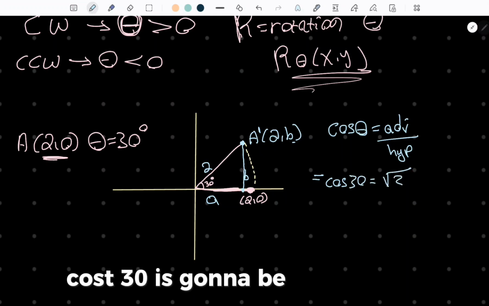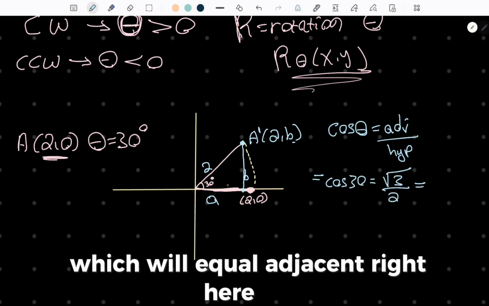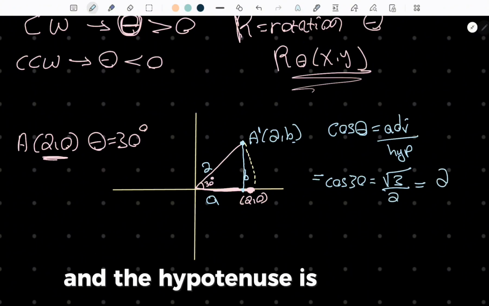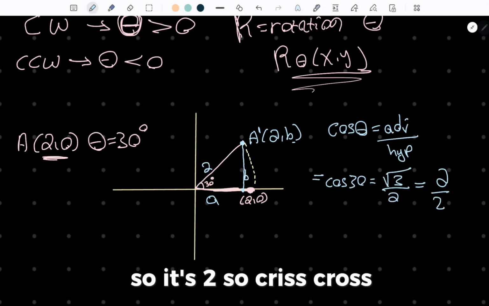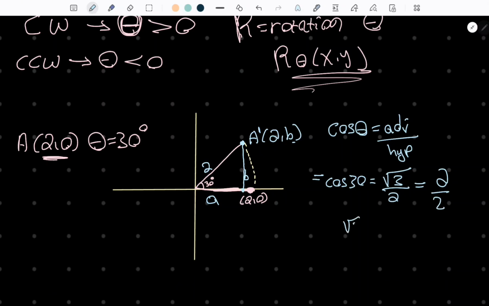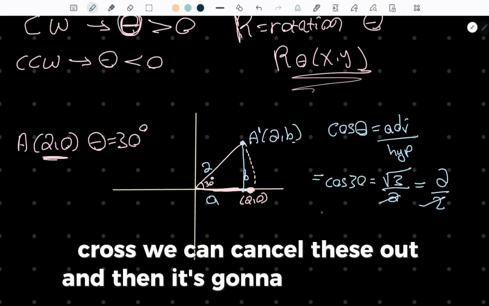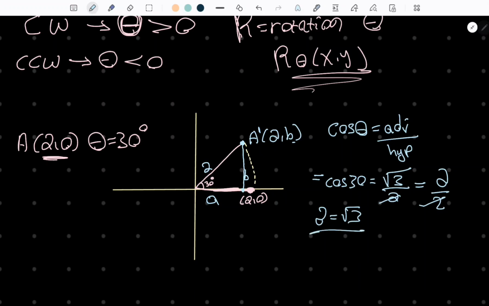Cos 30 is root 3 over 2, which equals a over 2, since the adjacent is a and the hypotenuse, as we said, is the radius, so it's 2. Before we crisscross, we can cancel these out, and then a is root 3.